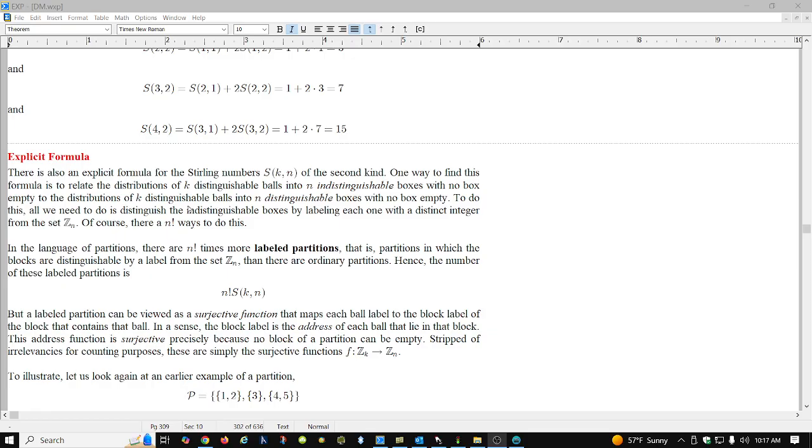And you can do that in n factorial different ways, depending on how you scramble the labels. So in the language of partitions, there are n factorial times more labeled partitions, and by that I mean partitions in which the blocks are labeled and so distinguishable, so they're not really partitions.